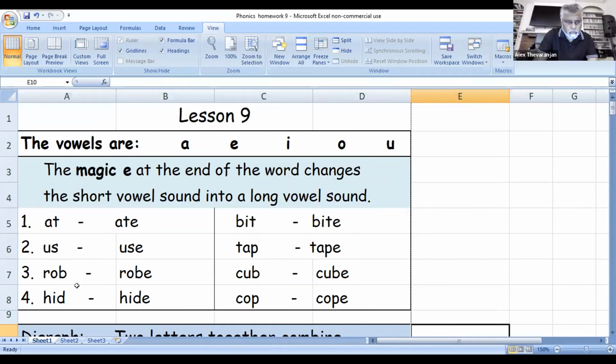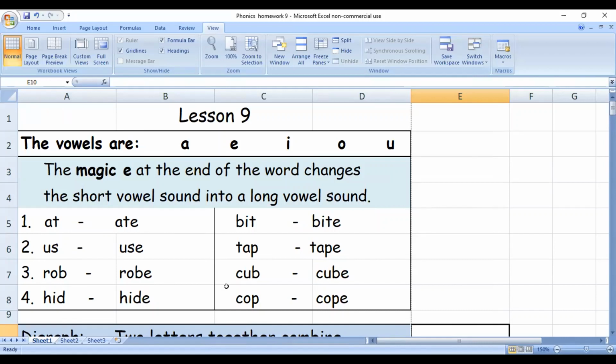Rob. Cup, hid, hide. No, this one. Hid, hide. Cope. Very good. Well done. Okay, I'm going to go to the next one now.